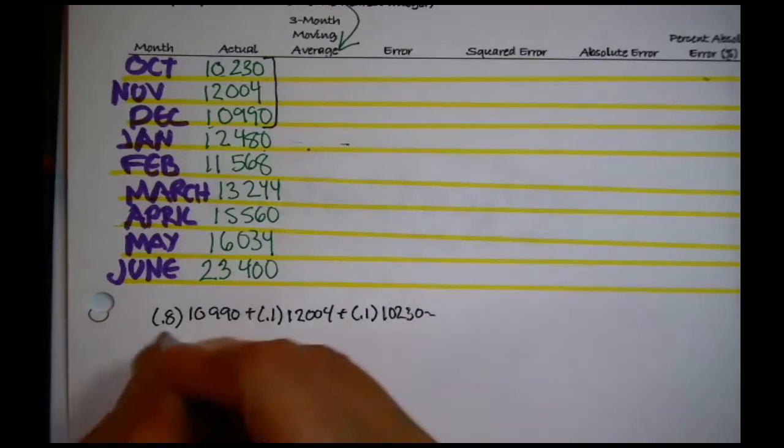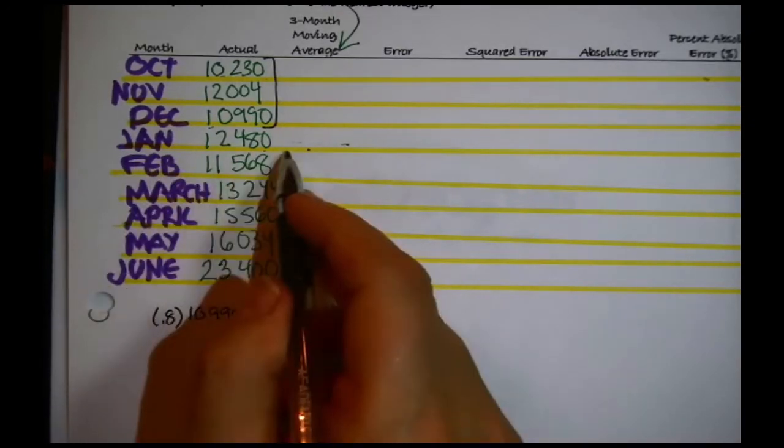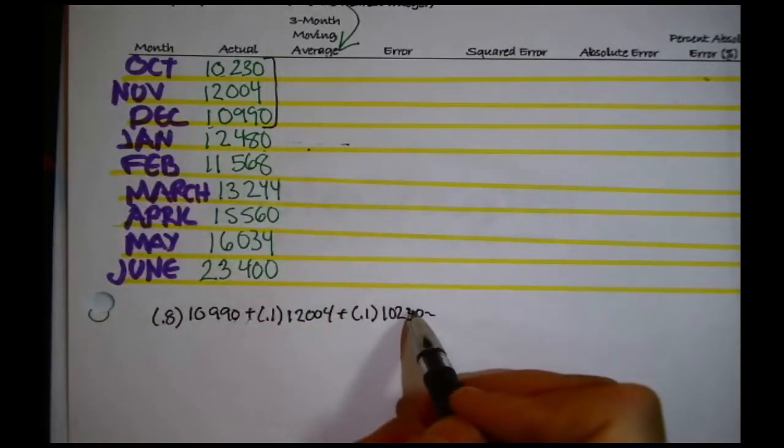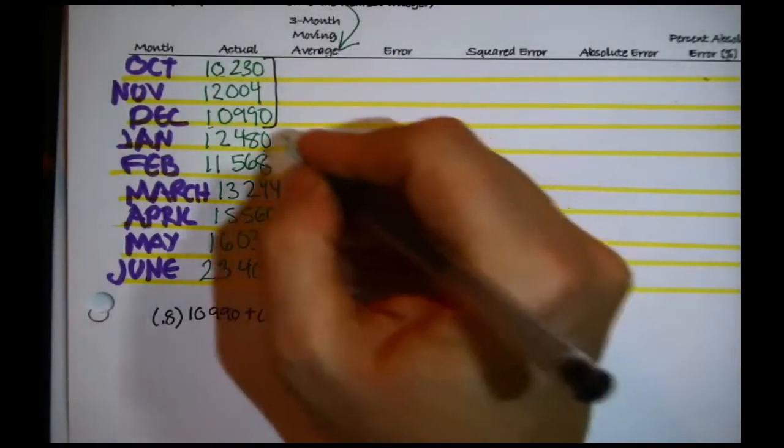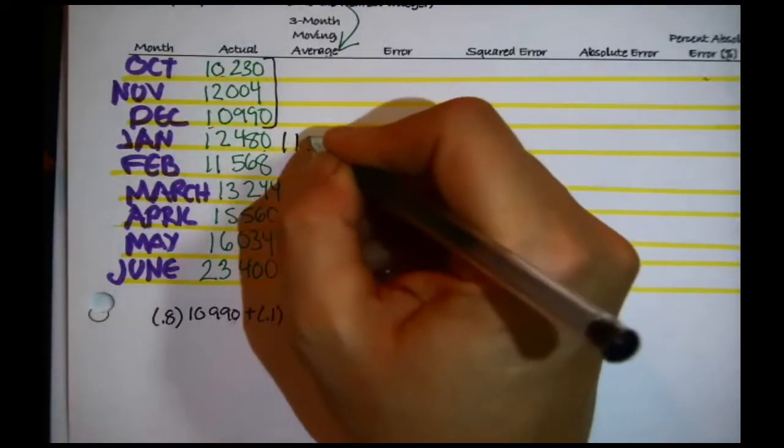That's the scratch work for January, because I get a forecast of 11,015. Put that in the calculator. I'm going to keep this rounded to integers because we're talking about the number of transports. So I get a forecast for January, slightly different than what we got earlier with the simple weighted moving average. I get a forecast of 11,015.